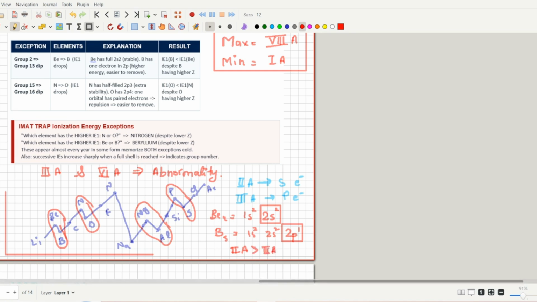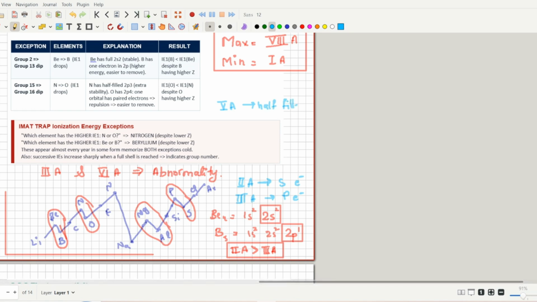If we talk about the other example, what is the other example? The other example is about 5A and 6A elements. So let's talk about nitrogen and oxygen. The reason is that 5A elements have a half filled subshell.